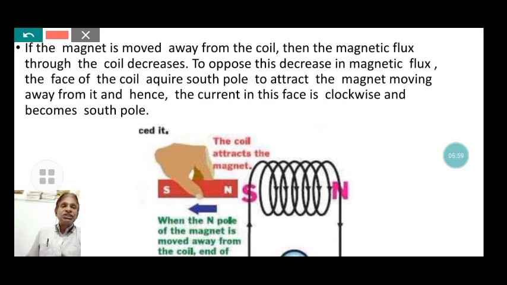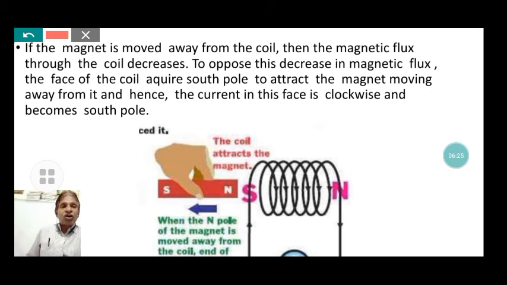To oppose this decrease in the magnetic flux, the face of the coil acquires a pole, and due to the decrease of the magnetic field through this end of the coil, it becomes the south pole here. The south pole produced attracts the magnet, replacing the decrease of magnetic field linked with the coil.